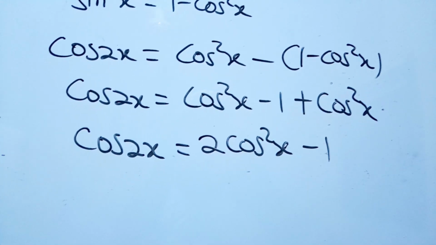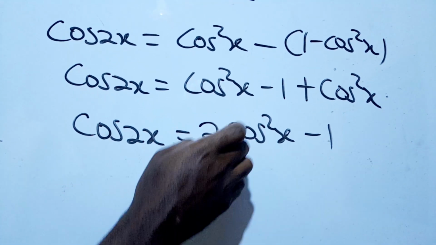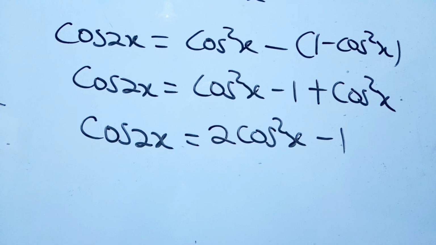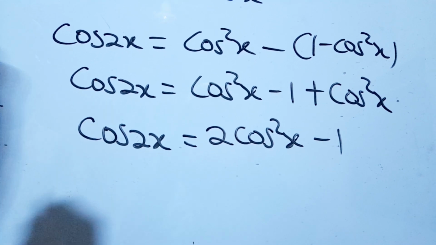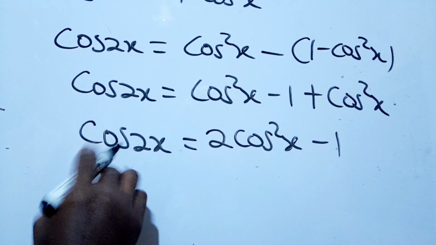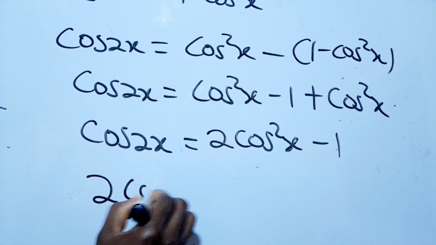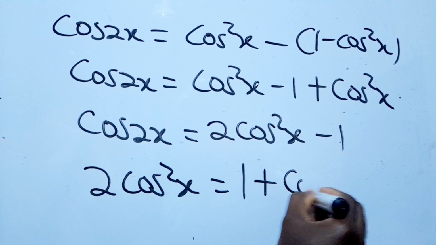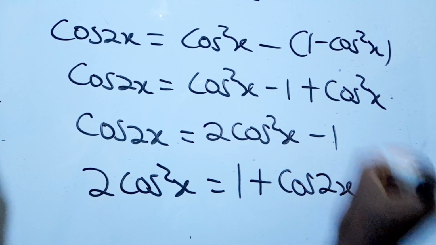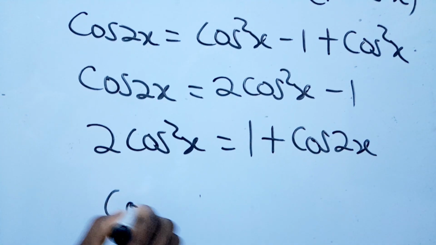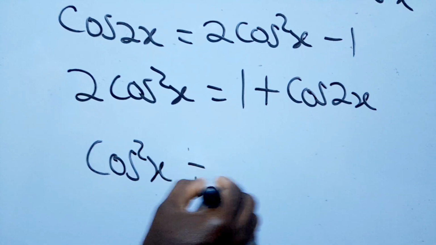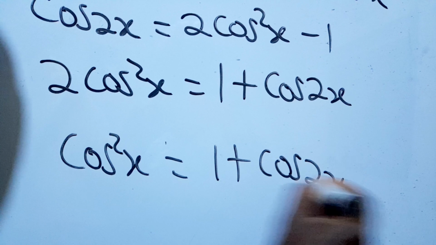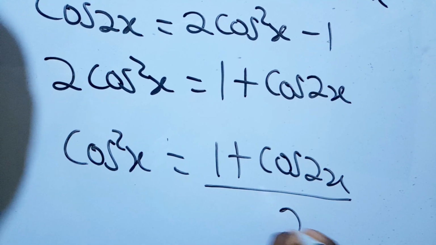So our cos 2x is equal to cos square x plus cos square x, which is 2 cos square x, then minus 1. So we want to make cos square x the subject in terms of cos 2x. We bring our 1 here. So we say our 2 cos square x is equal to 1 plus cos 2x. Dividing both sides by 2, our cos square x is equal to 1 plus cos 2x all over 2.